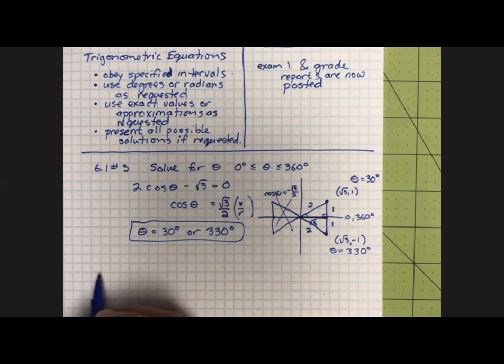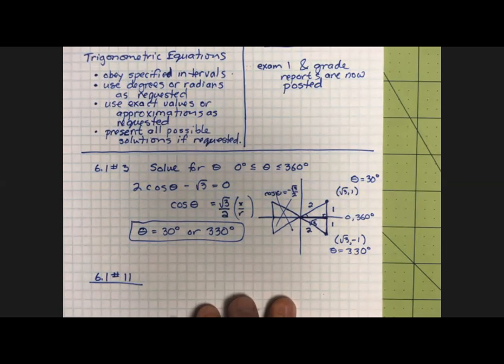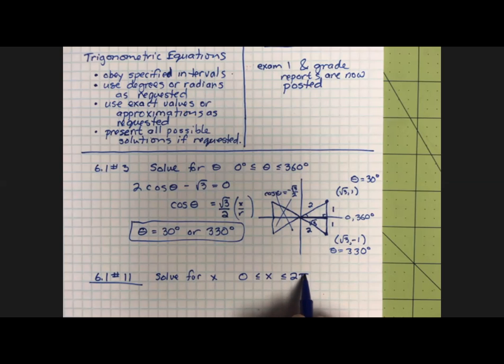Let's try something like 11. So I just want to work our way through some progressively harder ones. Here they want you to use radians. Okay, so let's say solve for x between 0 and 2 pi radians.